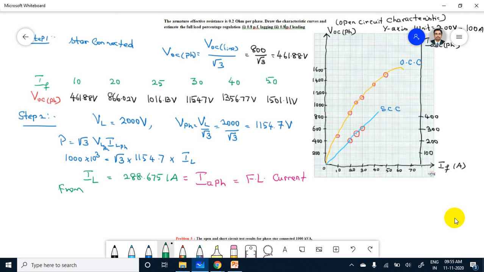From the short circuit curve graph, IA phase is 288.67. Where is 288.67?